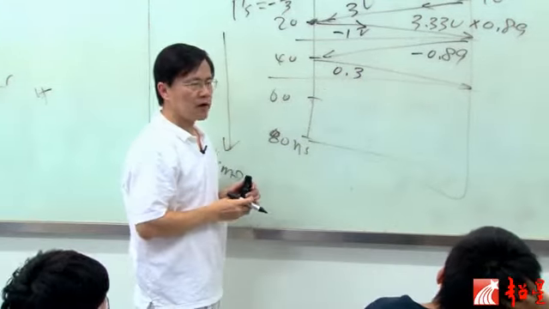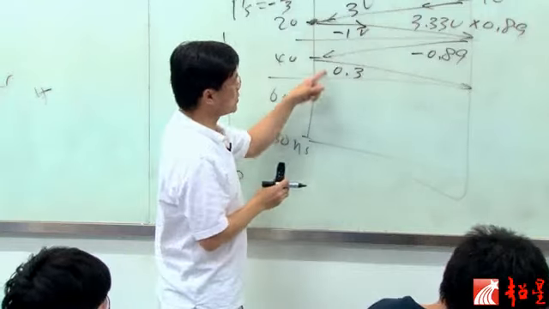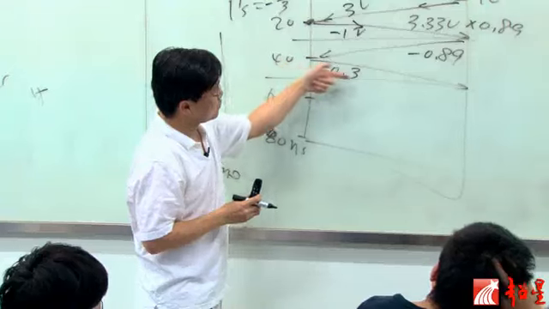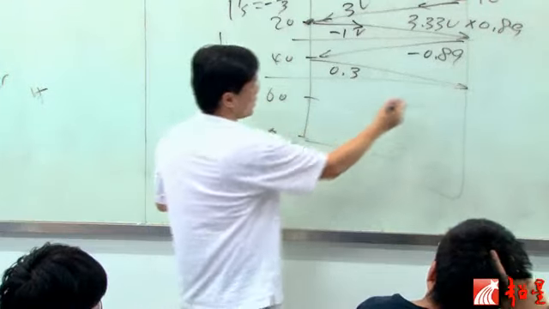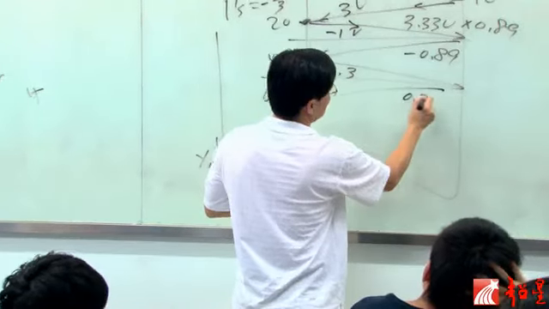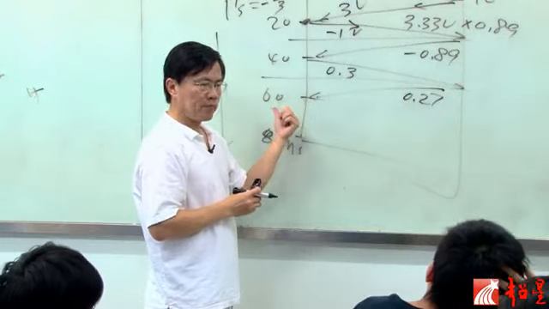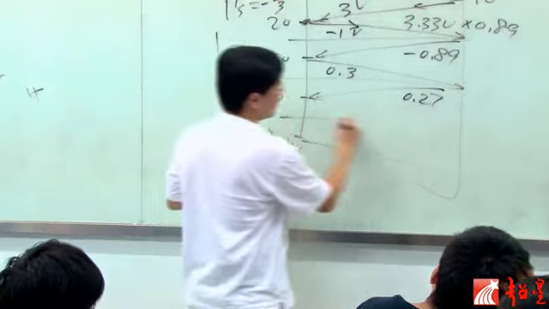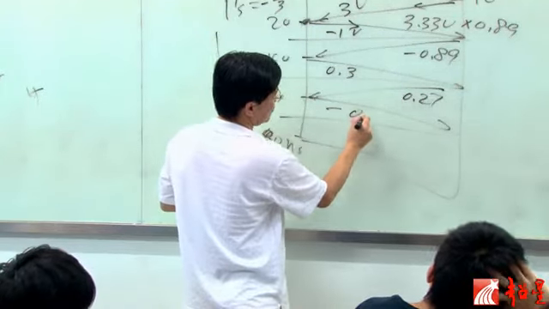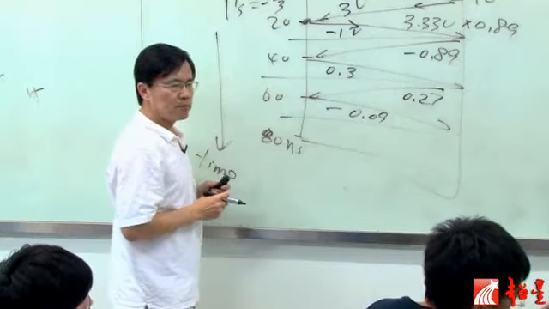0.3 roughly, right? Is going to go this way, which is positive, because this is negative times negative. So positive 0.3 is going to go that way, and of that 0.27 is coming back, right? And negative a third of that 0.27 is going to be 0.09.